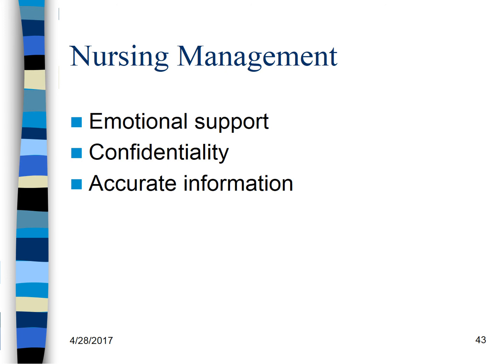You do want to provide confidentiality, so this isn't something where you're going to go and say, oh yeah, Mr. So-and-so has this, because again, would you want someone to know if you were experiencing any of your health problems? So again, provide confidentiality and give them accurate information, okay? Because giving them inflated expectations or results is not healthy, so again, be accurate with the information you provide.